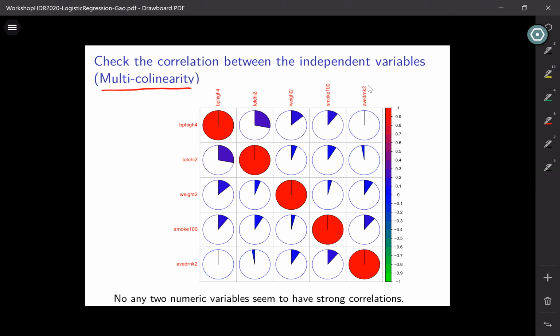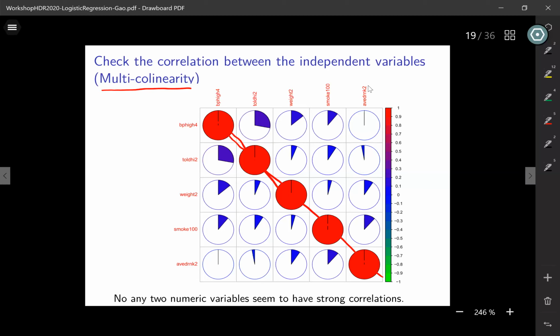Here, if you see this triangle, this is just the relationship between each variable with itself. With itself, of course, the correlation is the maximum, right?